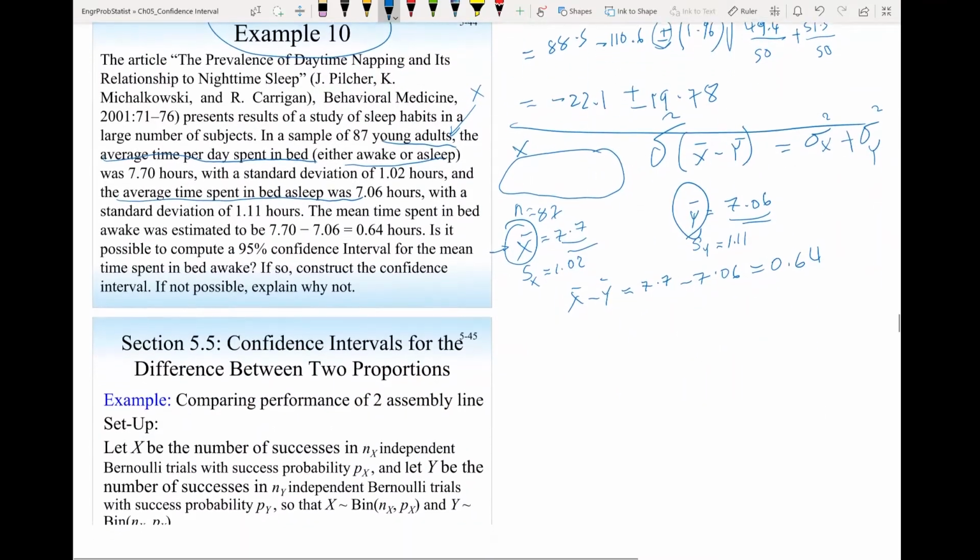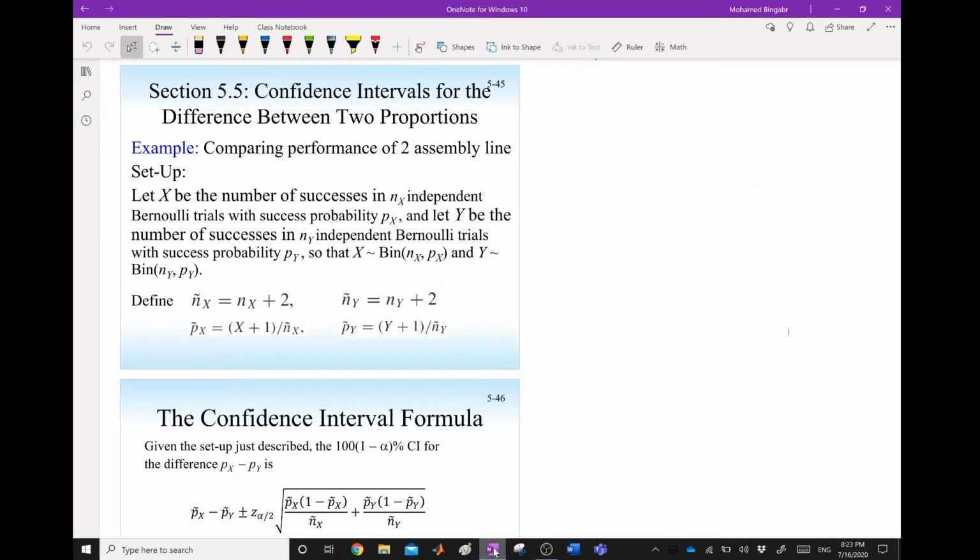All right, next section we will talk about confidence interval for the difference between two proportions, and we use these to compare performance of two assembly lines or performance of two different algorithms or medical procedures.